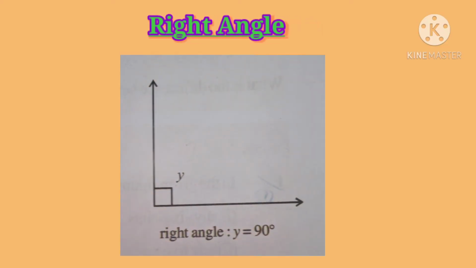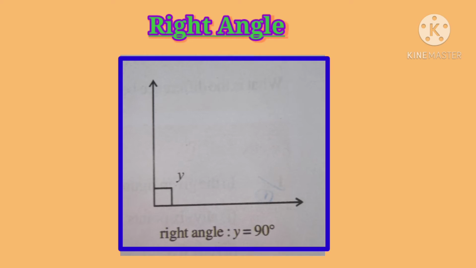The next one is right angle. On the screen you can observe right angle. Right angle means 90 degrees. So here y equals 90 degrees.